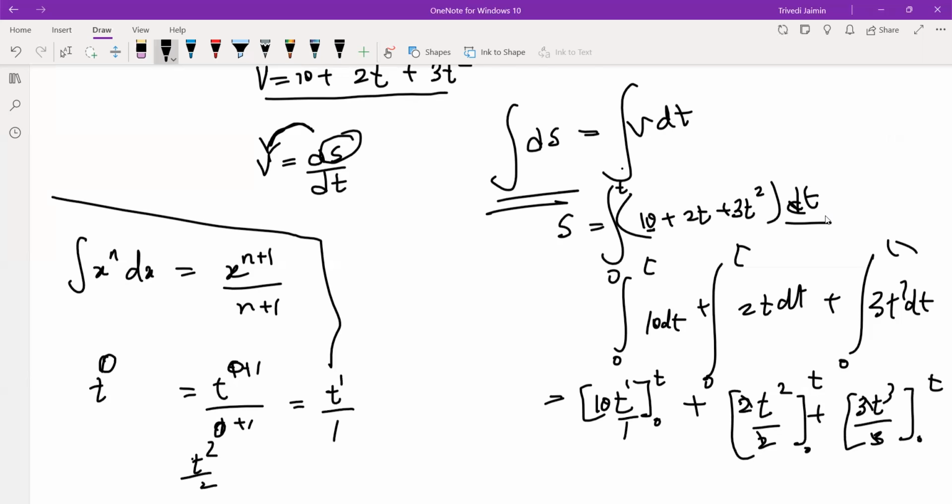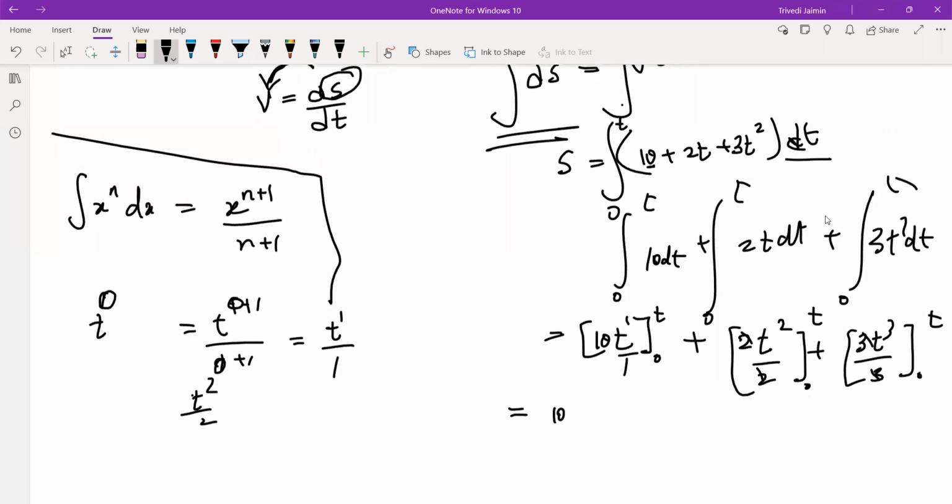Now in the question there is something different. You understood this integration? Yes, sir. The limits are 0 to 1. You don't remember limit substitution?